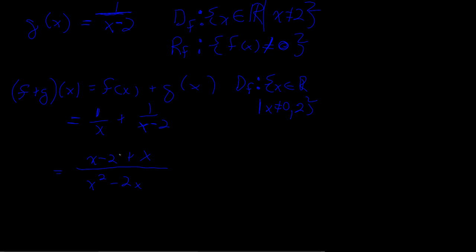And when I multiply the bottoms together, I get x squared minus 2x. And let's see, I have 2 x's up there. All right. So I have 2x minus 2 over x squared minus 2x. All right. And that's our new function.